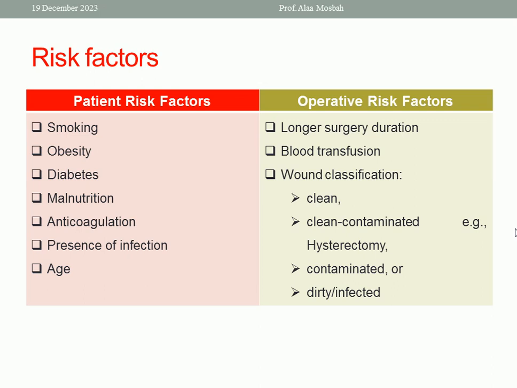Obesity is another risk factor. We know that the relative increase in adipose tissue to the capillary blood flow decreases blood flow to this site, making it more liable to infection. So obesity, another risk factor.